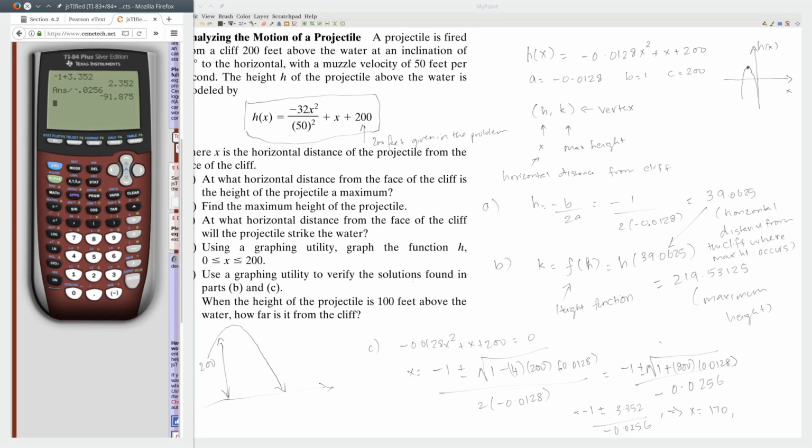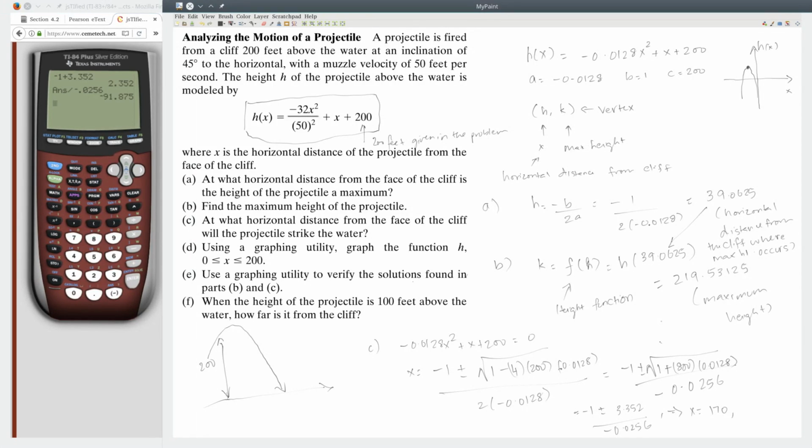But we know the horizontal distance cannot be negative, so the only feasible solution would be x is equal to 170. So at the horizontal distance of x equal to 170, the projectile would hit water.